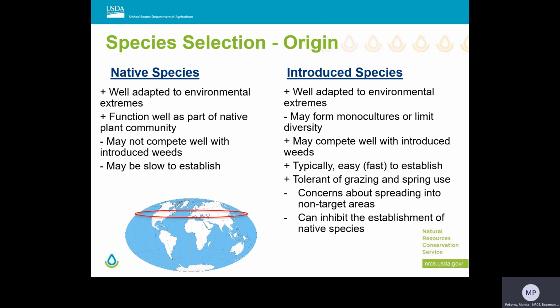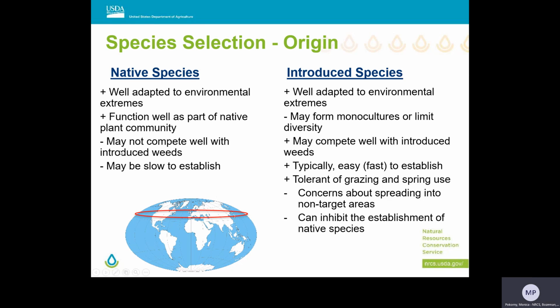Native species are well adapted to function as part of our native plant community, whereas some of our introduced species can tend to form monocultures, or they might limit the diversity out on the site. They might also inhibit the establishment of our native species.